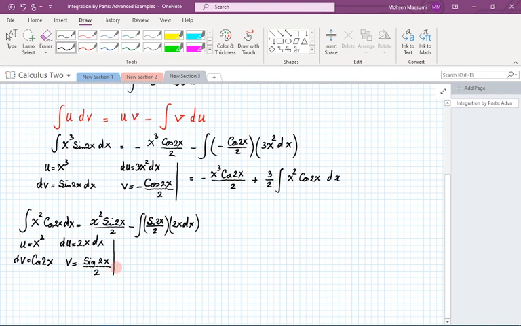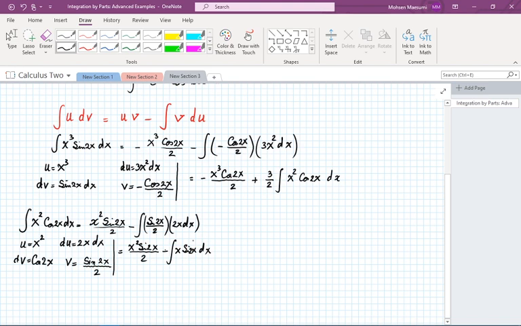Let's separate these things, so let's simplify. It becomes x squared sine of 2x over 2. This 2 and that 2 cancel each other out, and now I have minus integral of x sine of 2x dx. Of course it's always going to be 2x here.